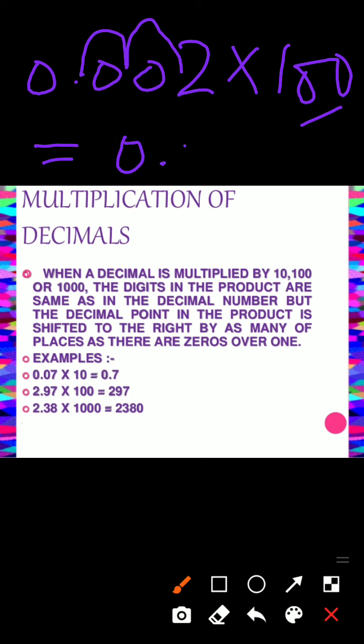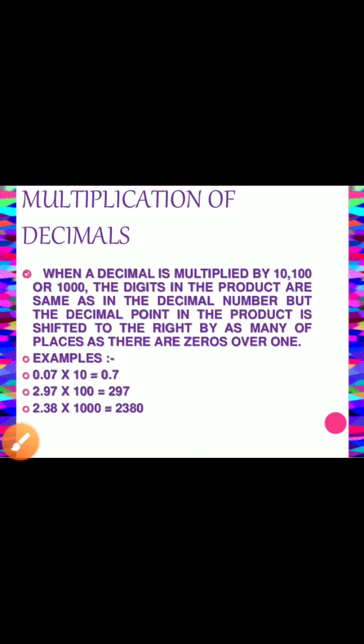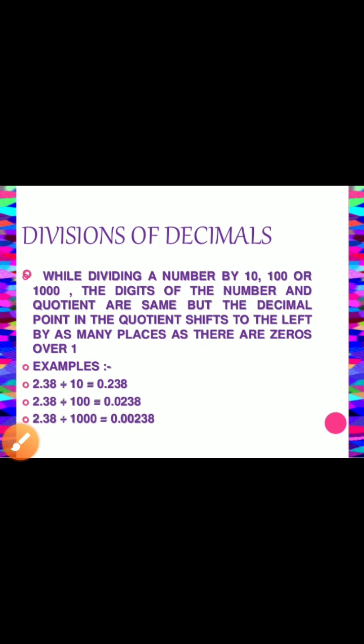It means 0.2, so your answer will be 0.2. In multiplication, the decimal always shifts towards the right-hand side, but when you divide, the decimal will shift to the left-hand side.